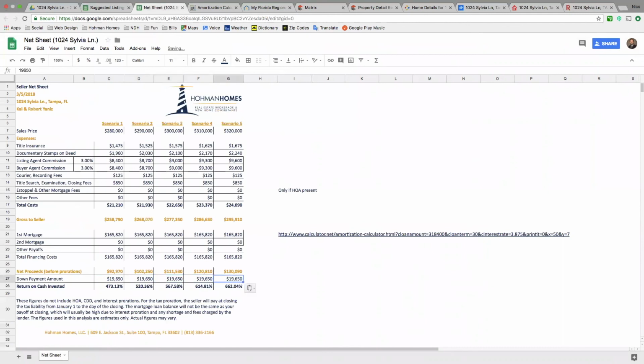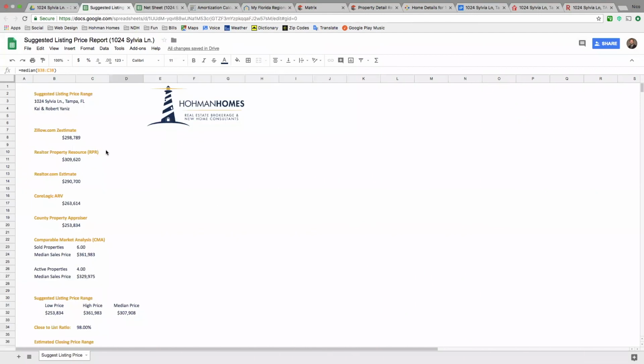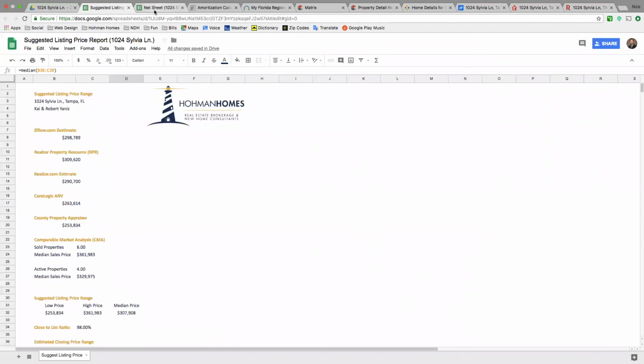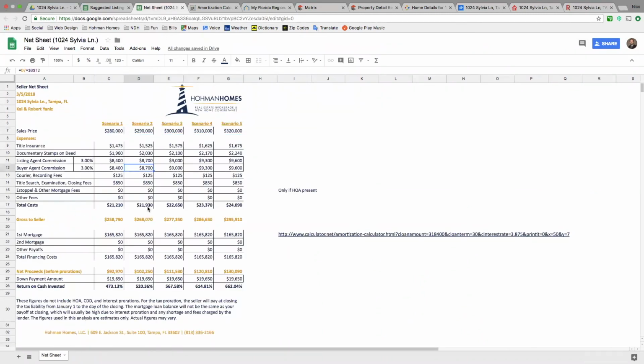So at the end of the day, we have our potential sales prices for selling this home. These 5 numbers we got through our suggested listing price report, based on all these different valuation methods. We know our costs, they're relatively fixed, and we know our mortgage payoff based on the amount of mortgage originally taken out and how much time has passed.